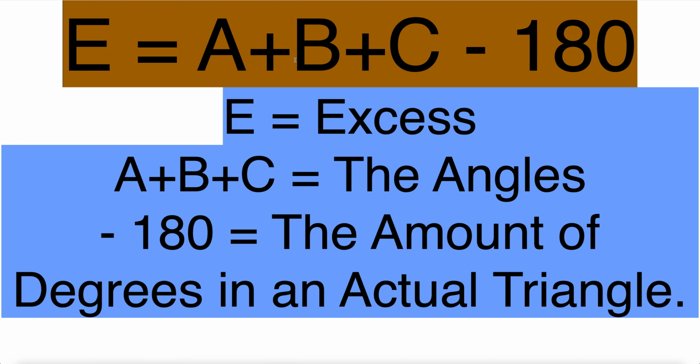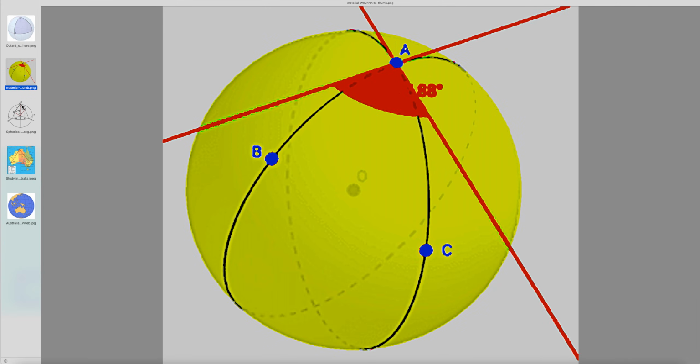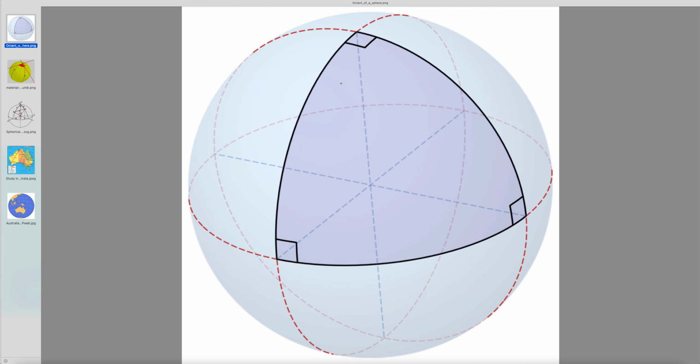E equals A plus B plus C minus 180. What they're talking about there is, if I just show you, here you have what would be, if it was shadowed by tangents, 390 degrees of angles. That means you have 270 degrees within here.